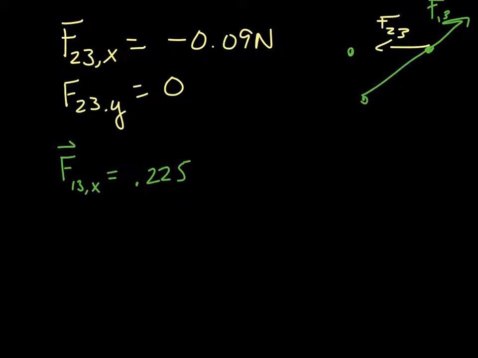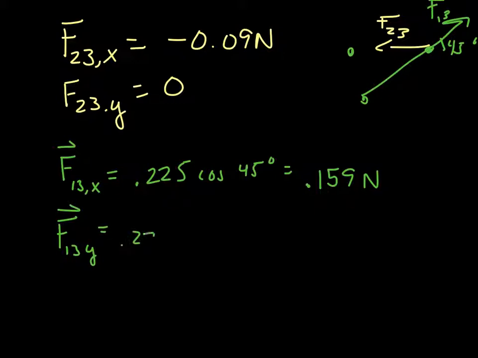And remember that this angle right here is 45 degrees. So when you're looking for the adjacent, you use cosine 45 degrees. So your x component winds up being 0.159 newtons. Your F13y equals 0.225 newtons sine, because you want the opposite side, 45 degrees, which is also 0.159 newtons.